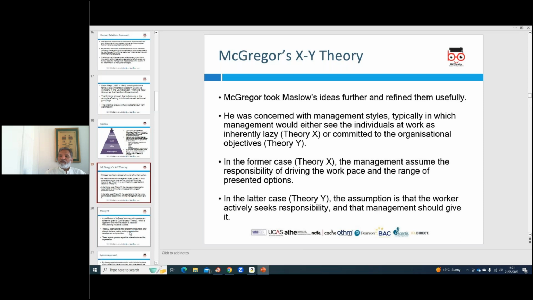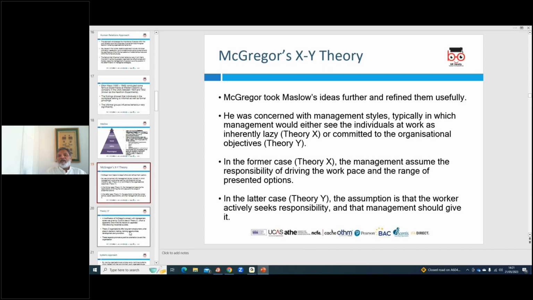If they want to assume responsibility, that's good. And if they don't want to assume responsibility, how do we motivate them? If people want to have some responsibility, then there are people who don't want responsibility, and how do we motivate them?